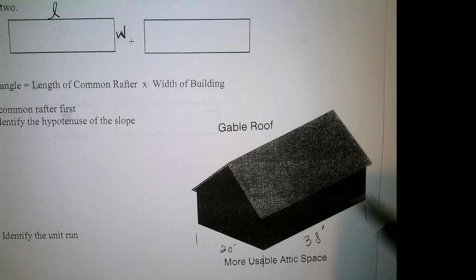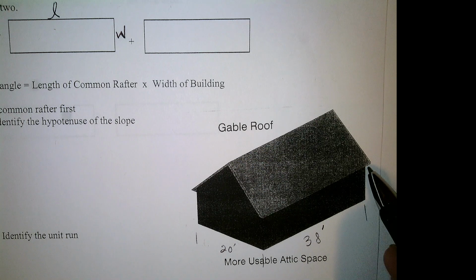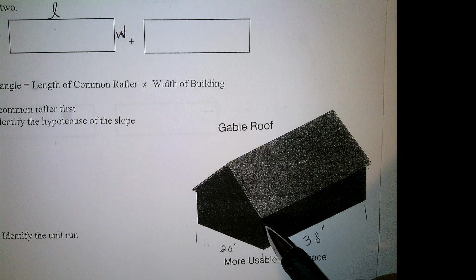The length is simply 38 feet plus the projections on both sides. The question said that there is 14 inches on this side, so there must also be 14 inches on the other side.